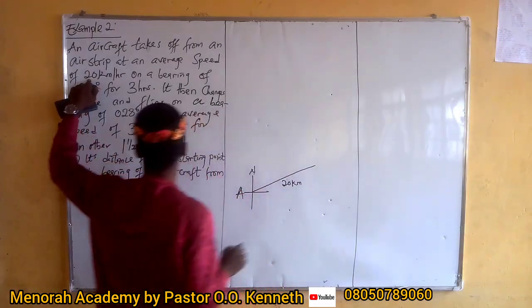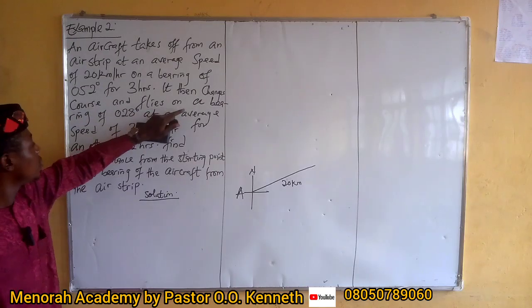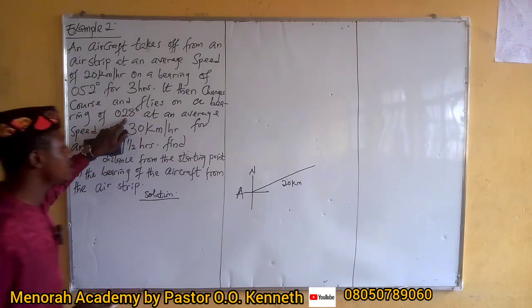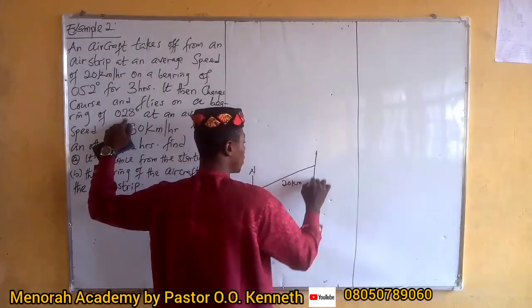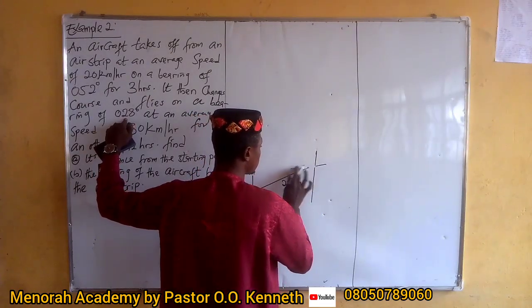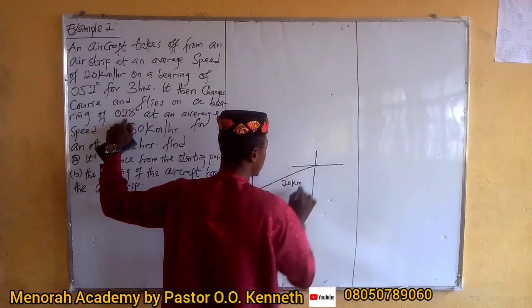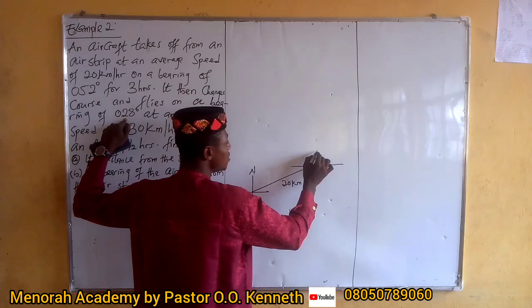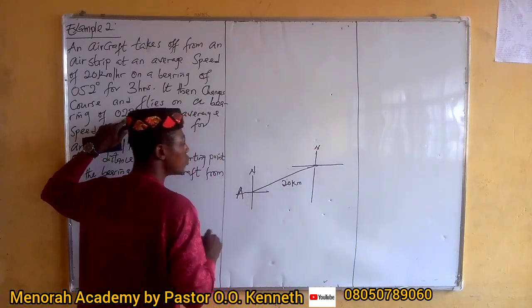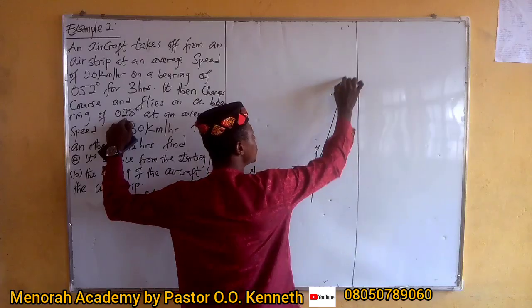And then it changes course again and flies on the bearing of 28 degrees. So after reaching this particular point, it changes its course and flies again at 28 degrees.